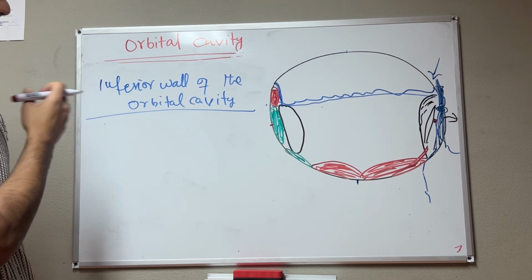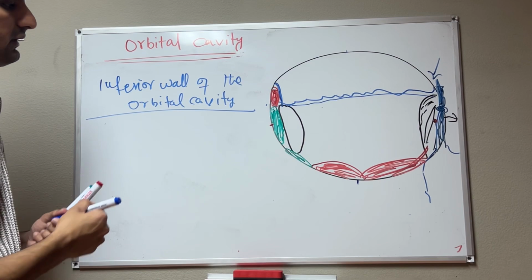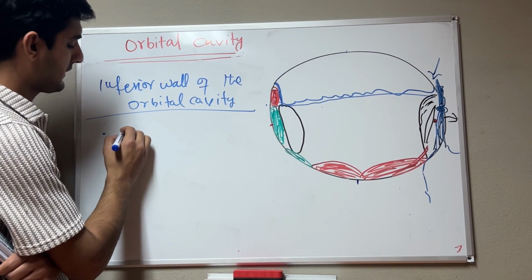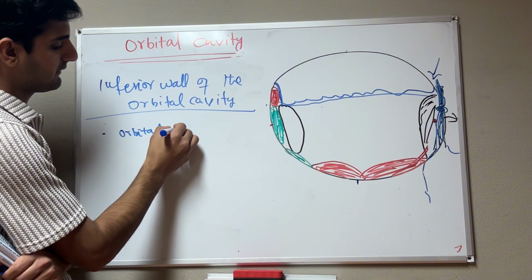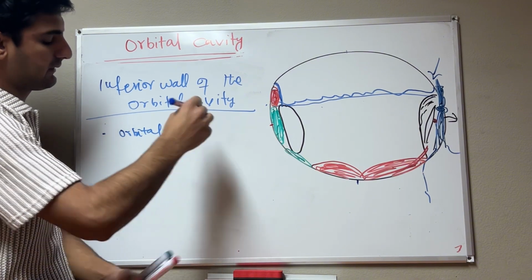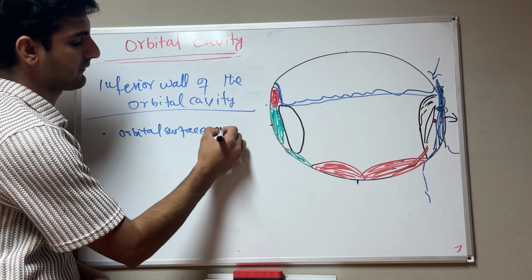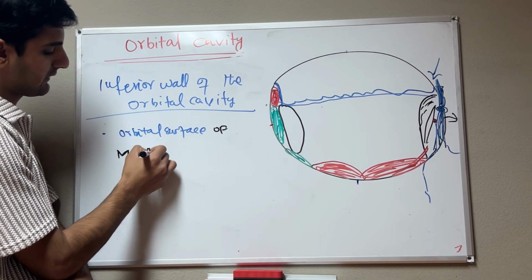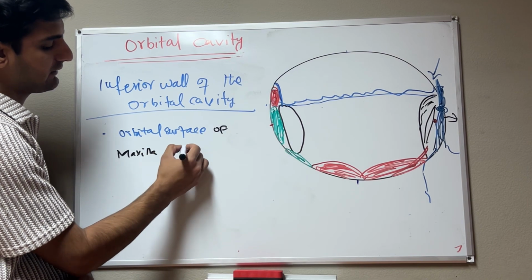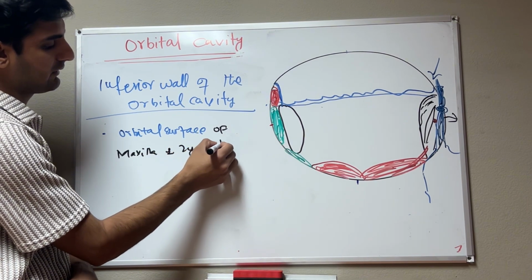Now, which formations take part first: the orbital surface of the maxilla and zygomatic bone.